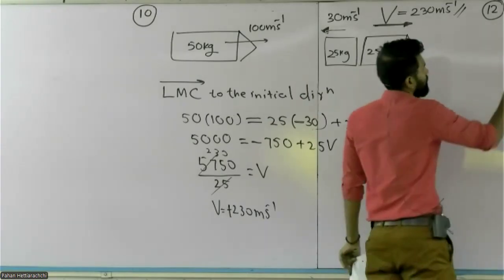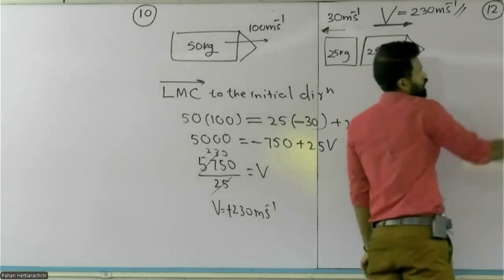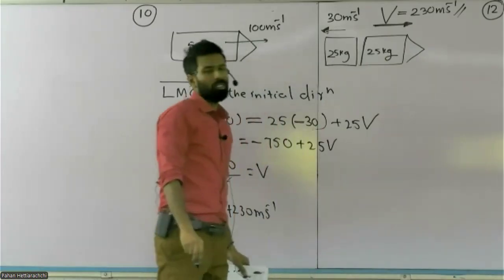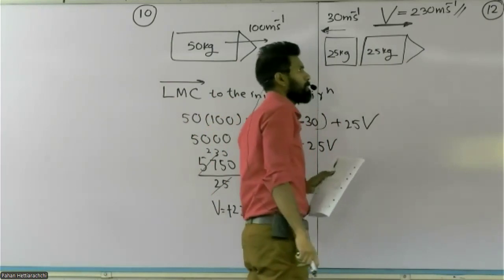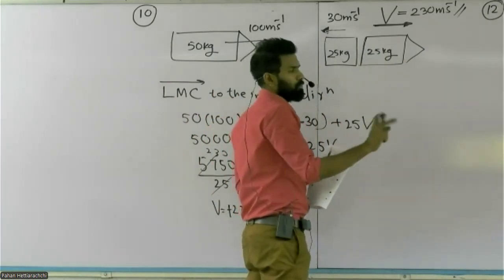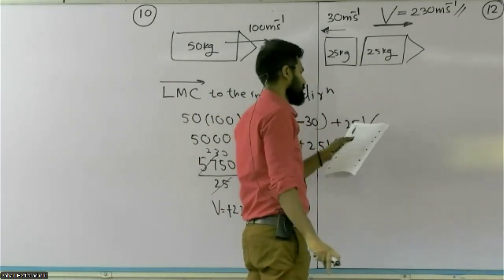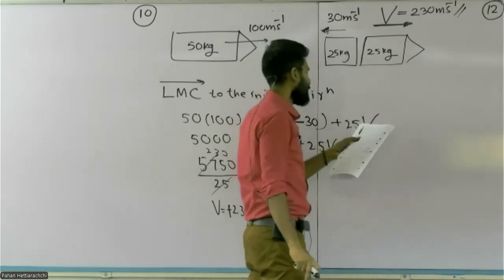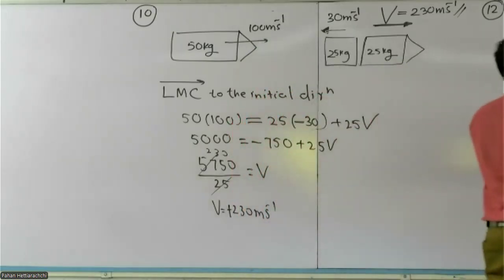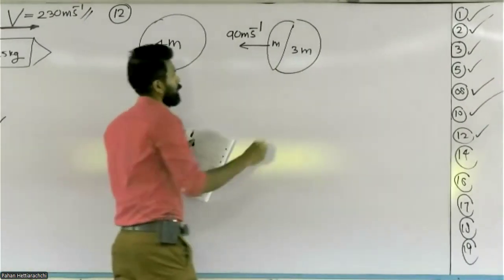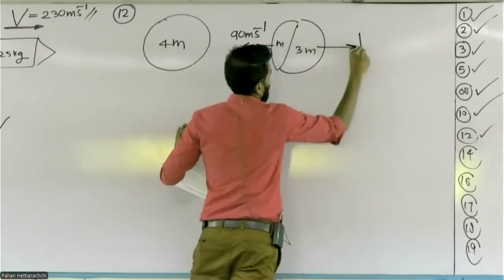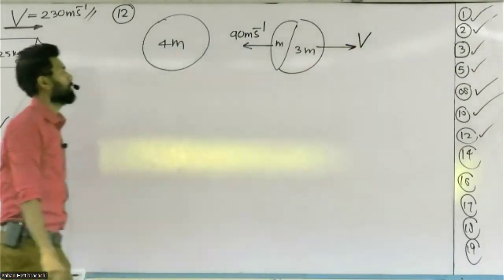Let's say the complete mass is 4m. Now it has exploded into two fragments, one m and the other 3m. If the lighter fragment moves with a velocity of 90 meters per second, find the velocity of the heavier fragment.